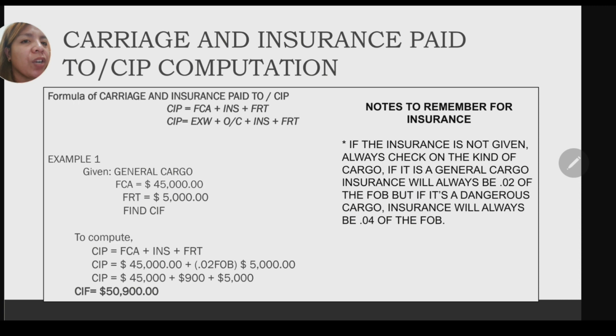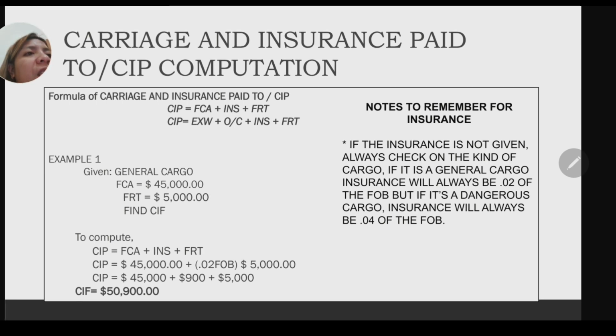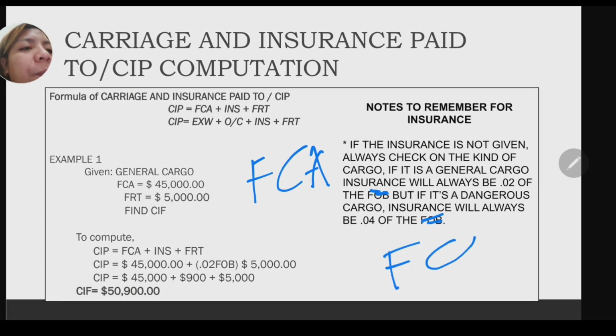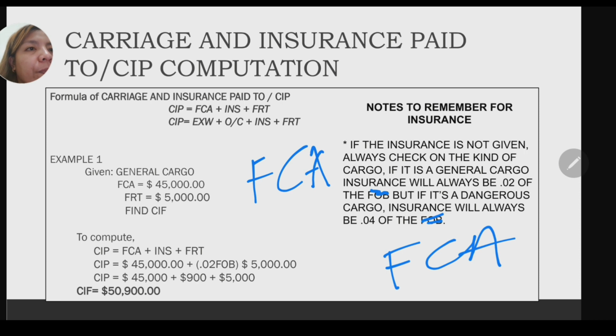If it's a general cargo, the insurance will always be 2.2% or 0.02 of the FOB, or in this case, since this is CIP, 0.02 of your FCA. And if it's a dangerous cargo, it will be 0.04 of your FCA as well. Again, CIP bases are the FCA values.